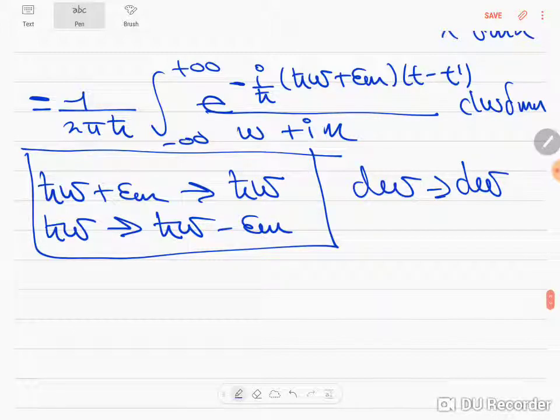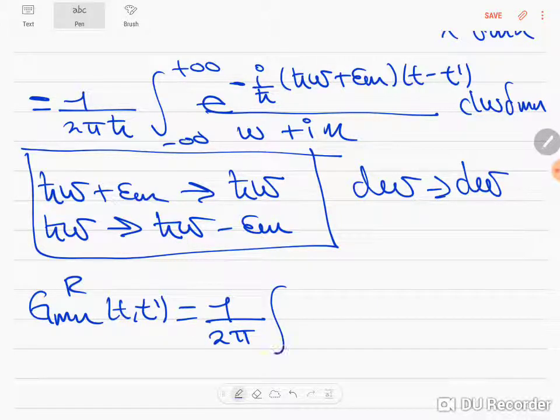And then we write G_mn retarded of t, t prime equal to 1 over 2 pi, integral from minus infinity to plus infinity. In this integral we do like this.